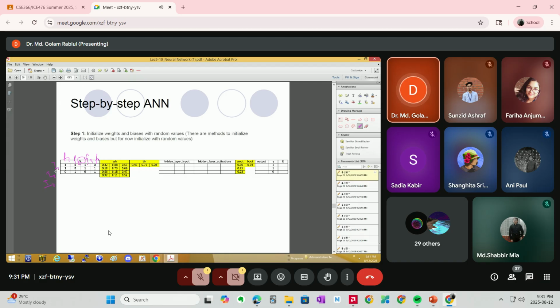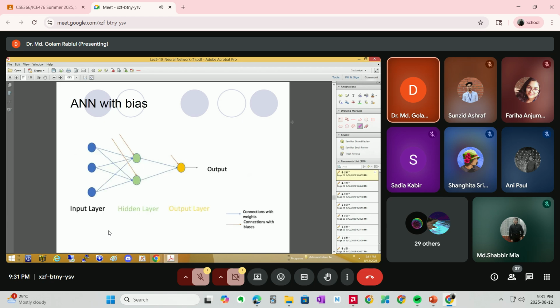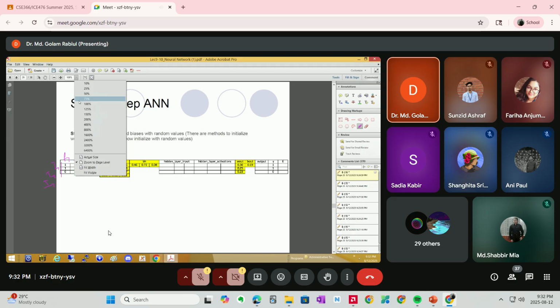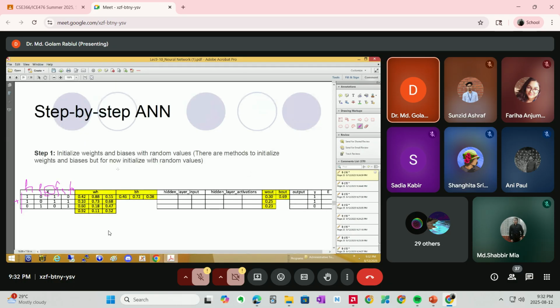If all these 3 instances are passed to our neural network at a time, we call this batch processing.